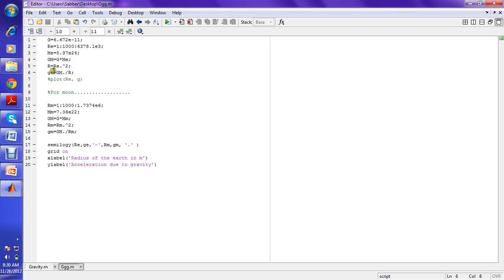Also we can do another example: same radius but different mass. Okay, so different objects. For example, you can assume there are different same-size bodies here in the universe with different mass, that means different density. So we can also calculate g with various m's.